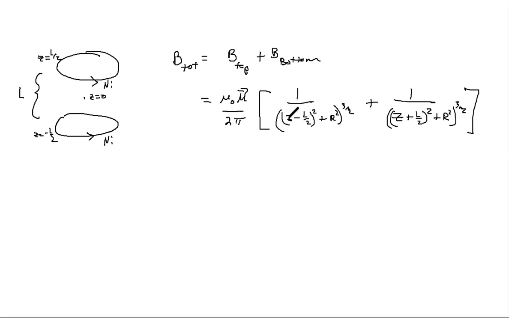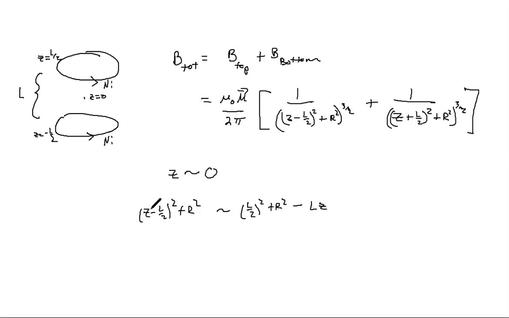To do that, I'm going to expand out some of these denominators. Note that for Z close to 0, it doesn't have to be exactly 0, but just close to 0, we're going to keep the leading terms here. Z minus L over 2 squared plus R squared is, to good approximation, L over 2 squared plus R squared minus LZ.